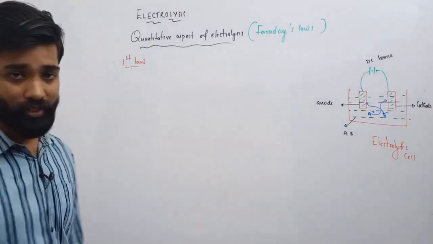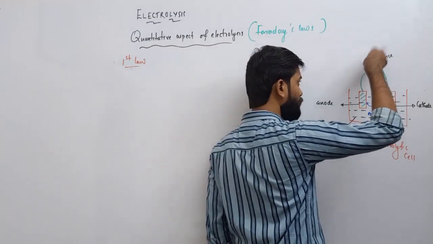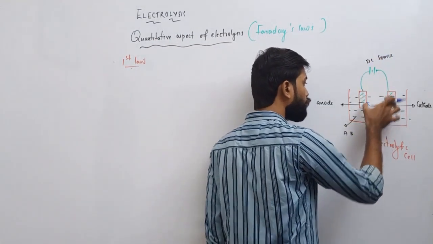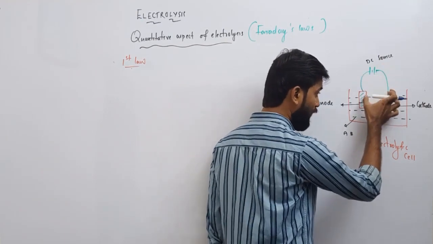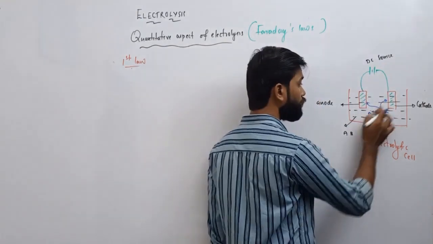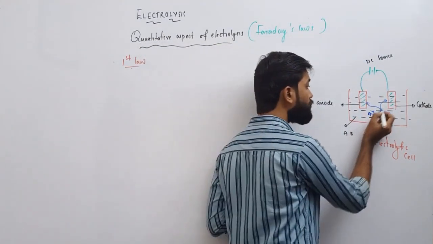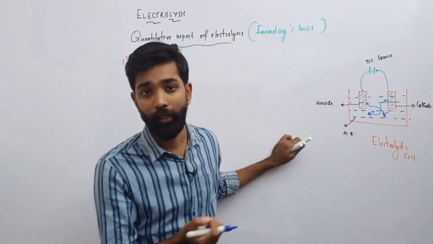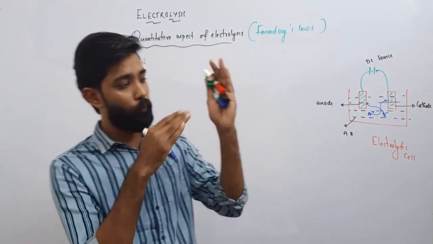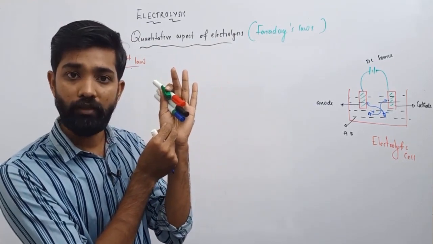So what about the first law? We know that by passing current through the electrodes into the electrolyte, deposition may take place. If A is deposited on that electrode, there will be an increment of mass.